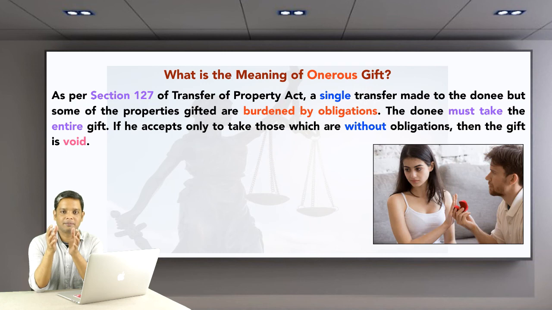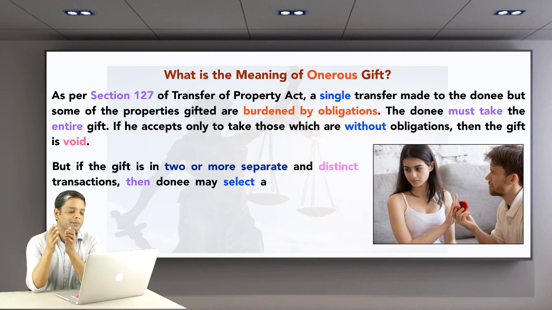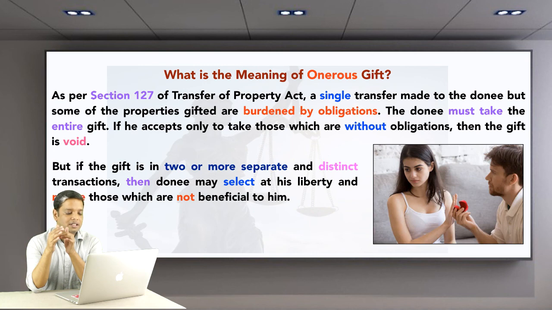So it is still a beneficial deal. In that condition, if you are accepting that flat, then you also have to accept the liability of that 50 lakhs. However, if the gift is 2 or more separate and distinct transactions, then the donee may select at his liberty and refuse those which are not beneficial to him.